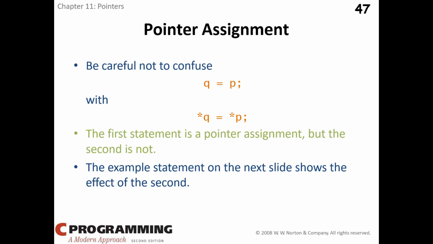On the other hand, *q = *p is not a pointer assignment. Instead, it is an operation that dereferences both pointers p and q to access the values stored at the memory locations they point to. Then the value stored at the memory location pointed to by p is assigned to the memory location pointed to by q.